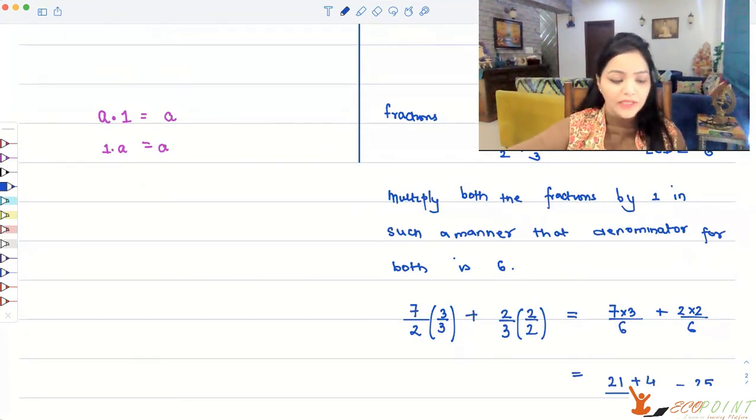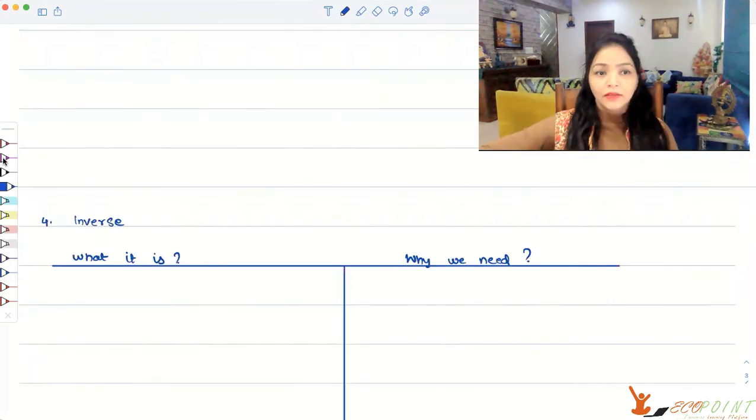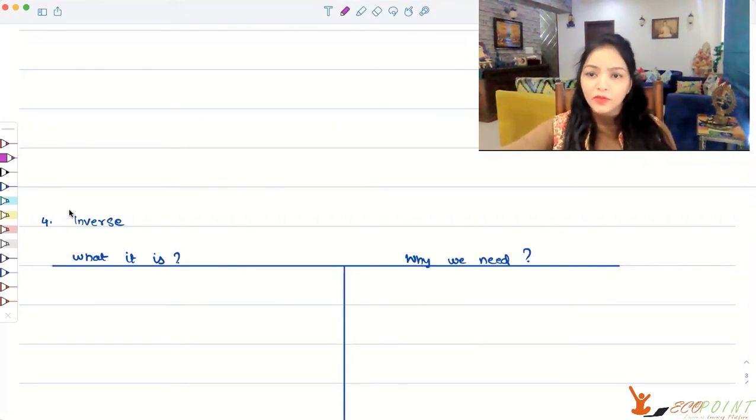And what have we done? We have actually, in some way or the other, used the property of multiplicative identity. Let's work on the next property, inverse. So real numbers have this property that for multiplication and for addition, you have additive inverse and multiplicative inverse. Now, what do you mean by inverse here?